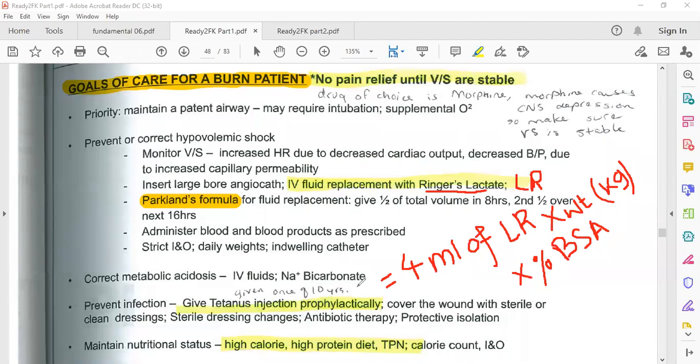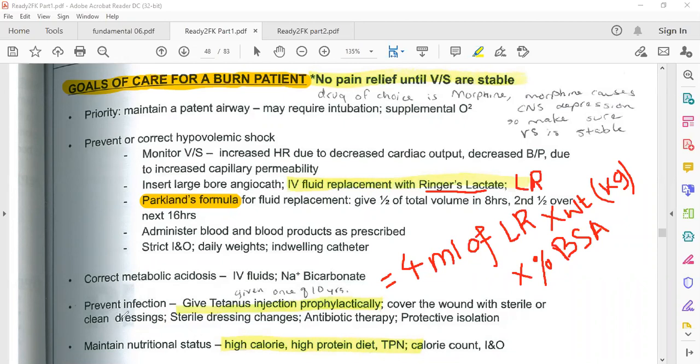Infection is most common in patients who undergo a burn, so it is good to administer the tetanus vaccine. We call it tetanus toxoid.